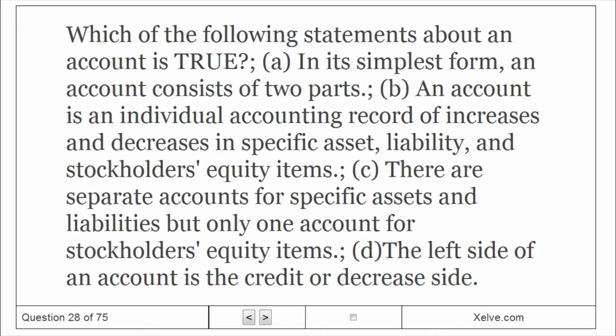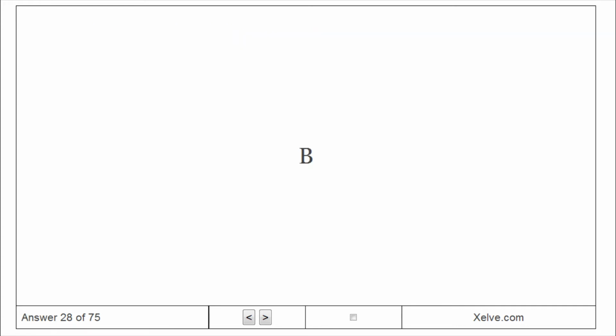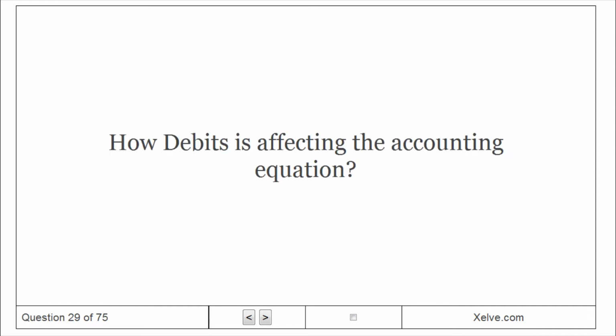The left side of an account is the credit or decrease side. B. How do debits affect the accounting equation?